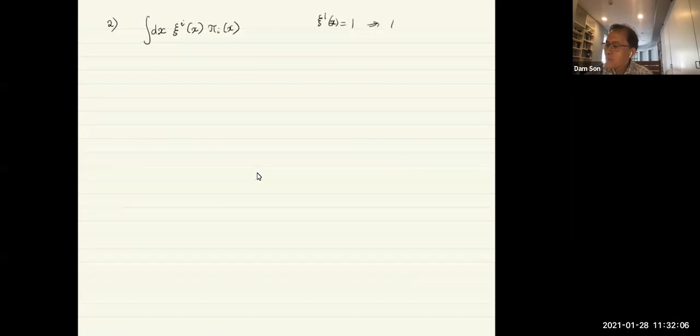Let me take the integral over the momentum density with a certain envelope function of a certain weight. We call that psi I of x, pi I of x. So if psi I of x is equal to 1, I get back the total momentum.